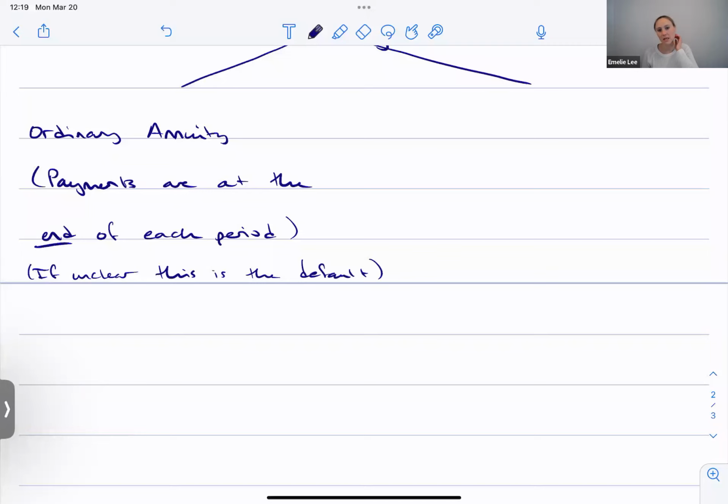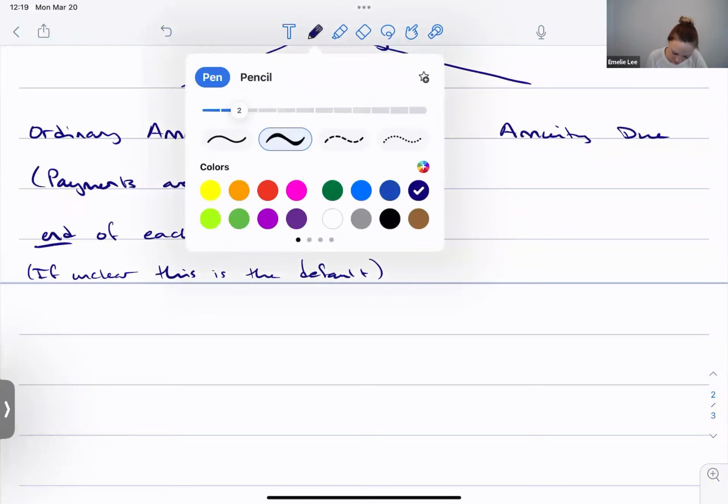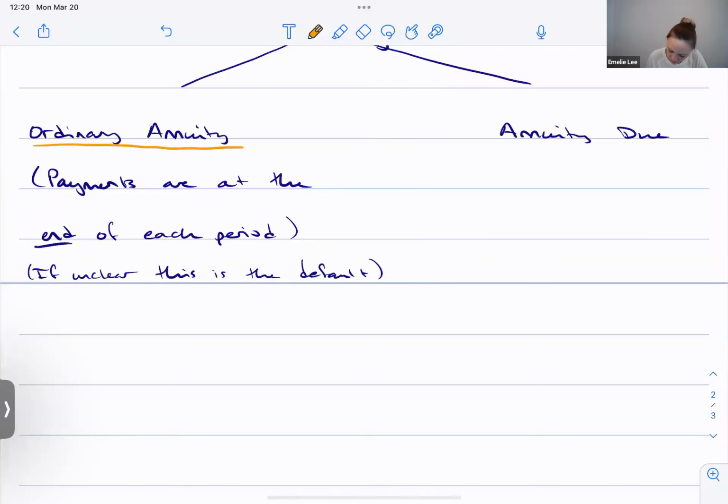Okay, so what I mean is if the payments are at the beginning of the payment period, then it has to be an annuity due, which is the other type of annuity. Okay, so here we can have an ordinary annuity or an annuity due.